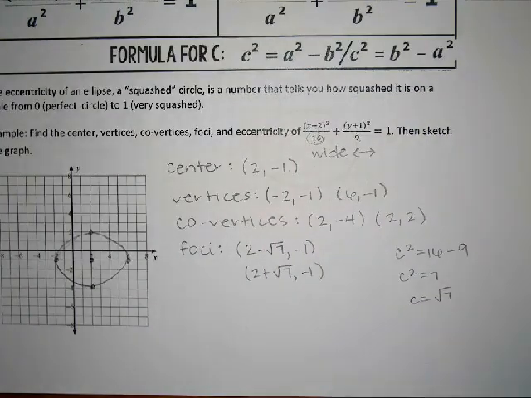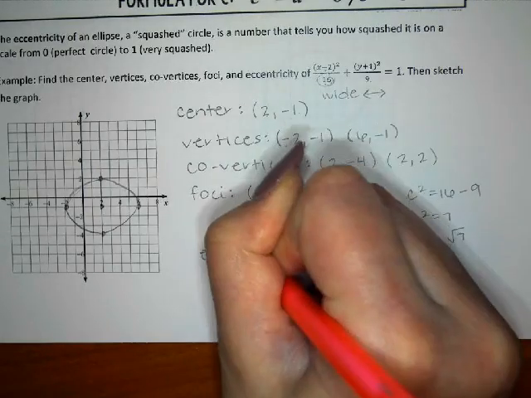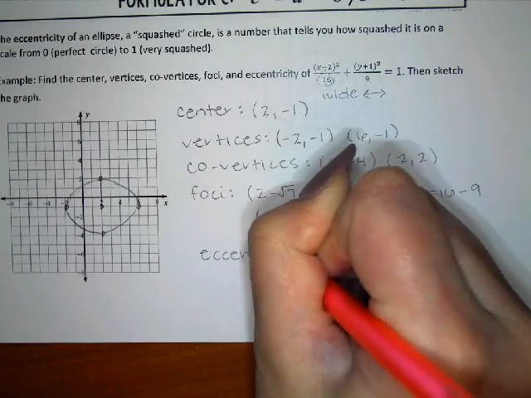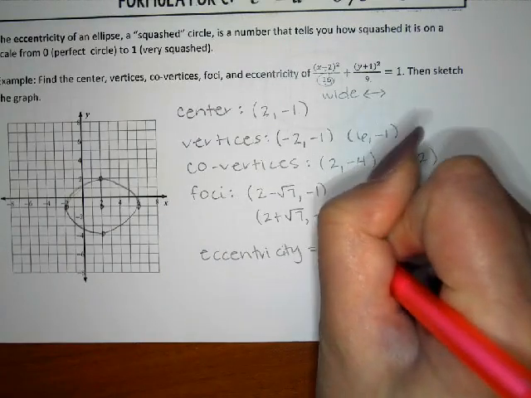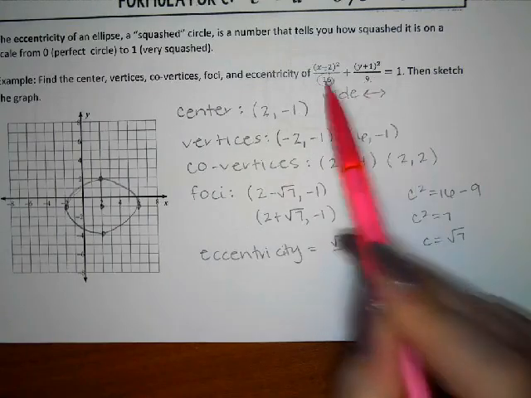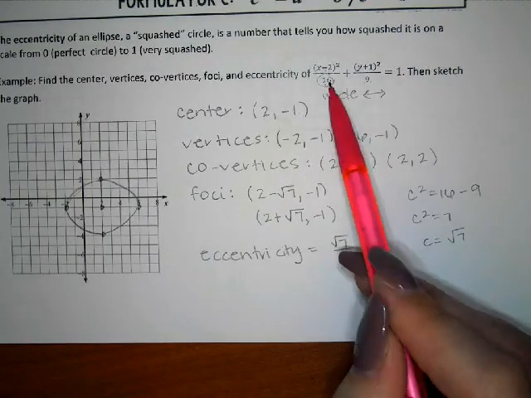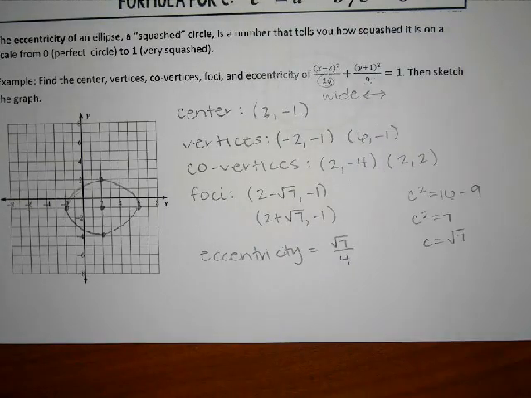And then the eccentricity is the c value, square root 7, divided by whichever radius is bigger. And so 4 is bigger than 3, so root 7 divided by 4. This number is going to be a decimal between 0 and 1.